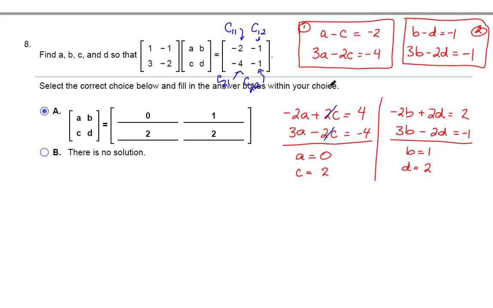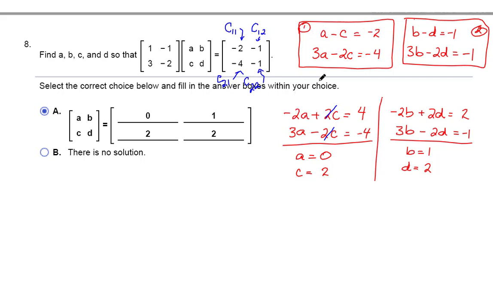So in the first one, let's see, I'm going to get rid of the C. So multiply through by 2. All right, so I got 3A minus 2C. And so we continue. I'm multiplying through by a negative 2 all the way across.